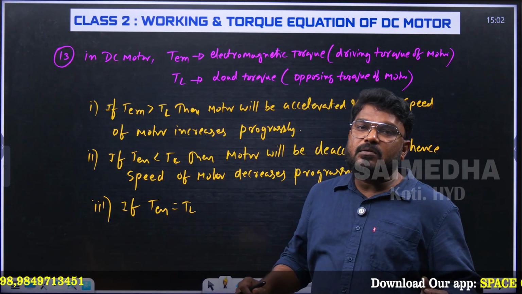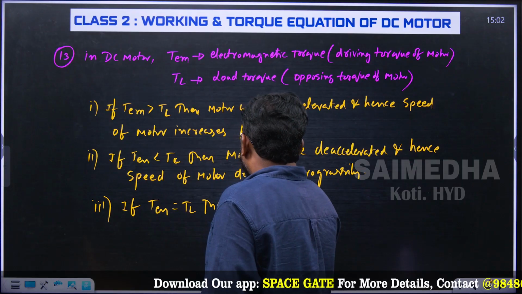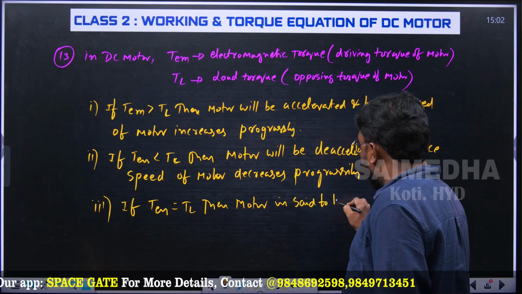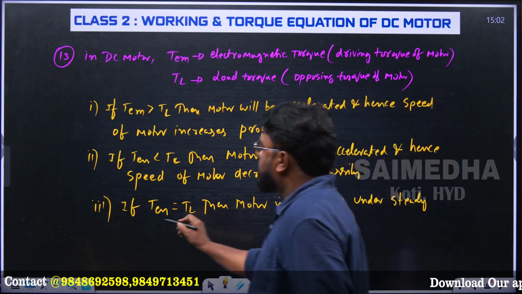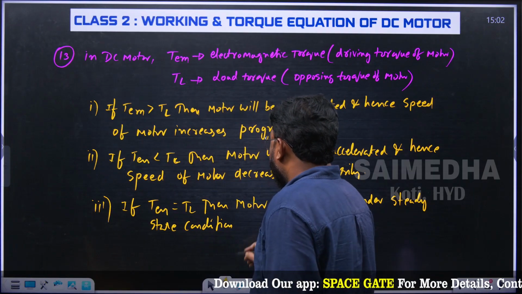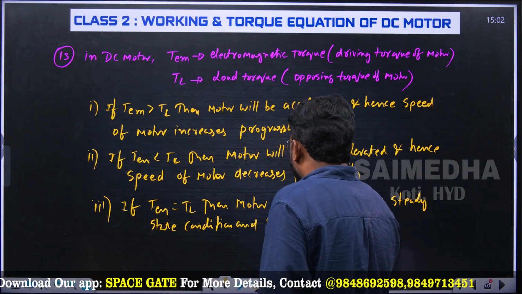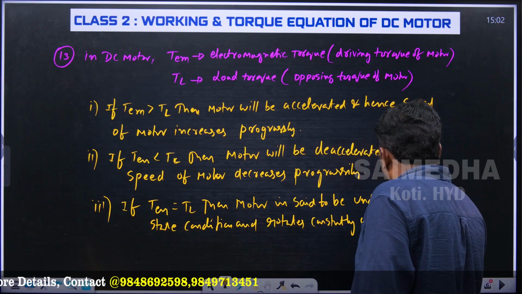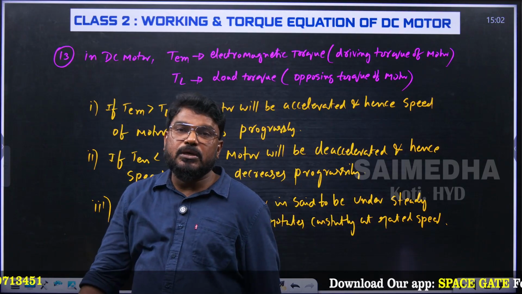If driving torque is equal to opposing torque, then the motor is said to be under steady state condition, and rotates constantly at rated speed. So there are chances of questions on these cases.